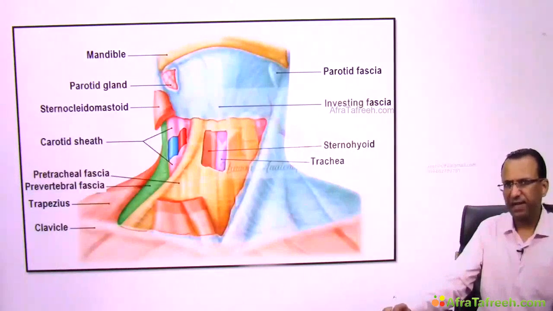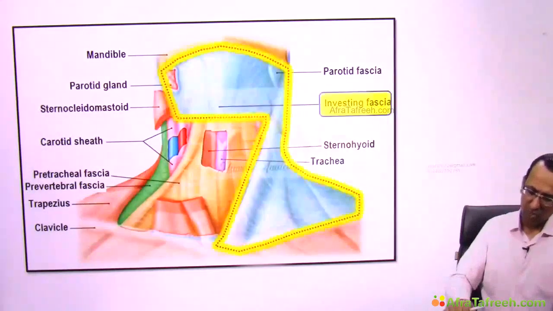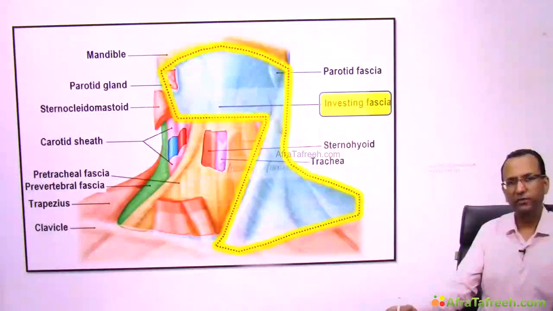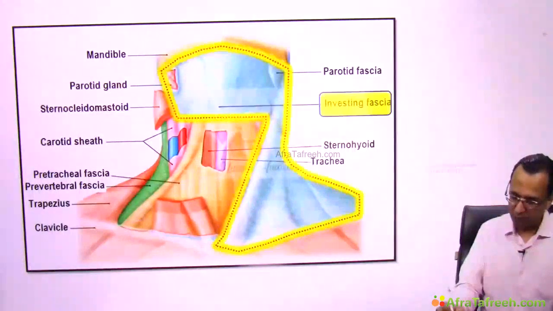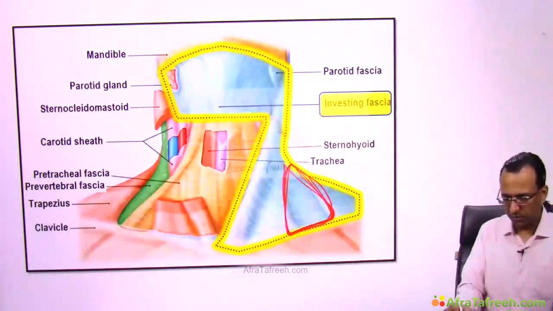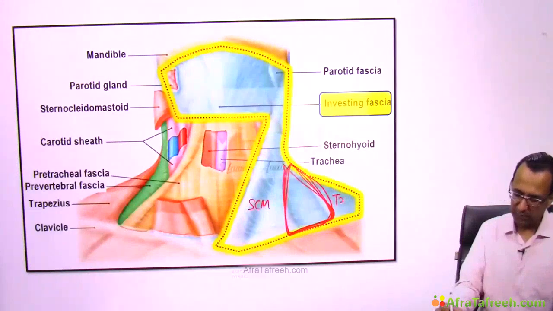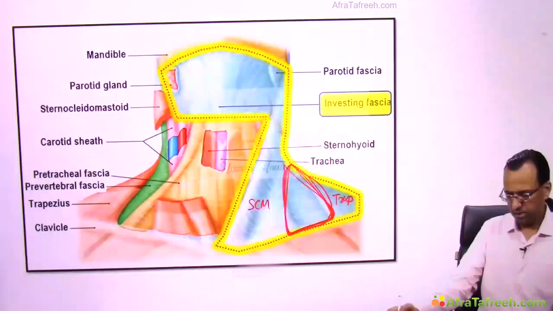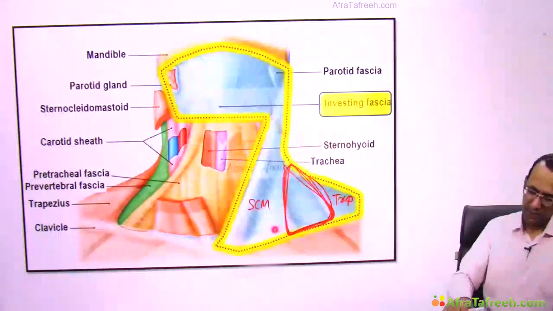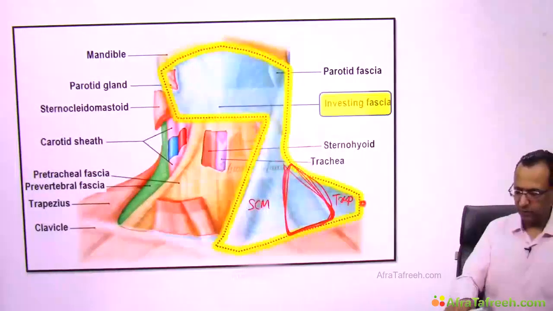The most superficial out of the three is investing fascia, which is forming the roof of the posterior triangle. How do you know this is the posterior triangle? Because the anterior muscle is sternomastoid and posterior is trapezius. So investing fascia is forming the roof of the posterior triangle bounded by sternomastoid anteriorly and trapezius posteriorly.